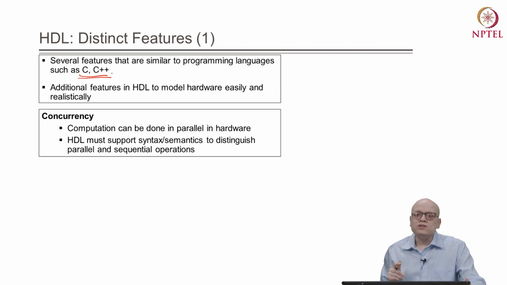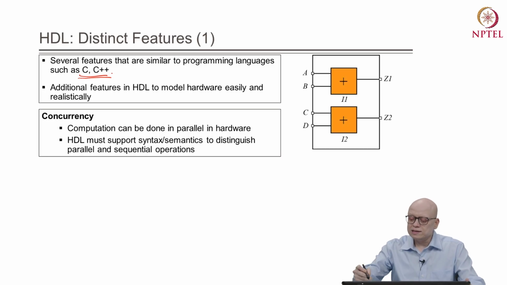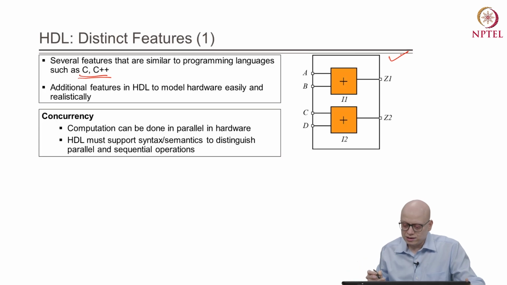The first feature that hardware offers is concurrency, meaning that the computation can be done in parallel. Let us take an example. Suppose this is a simple circuit. It has two adders.